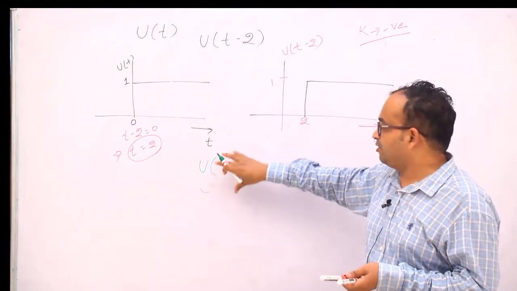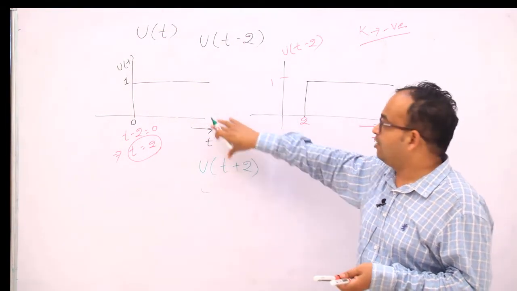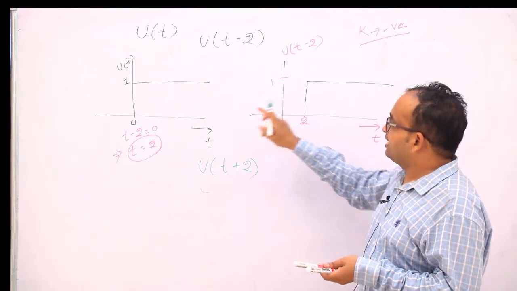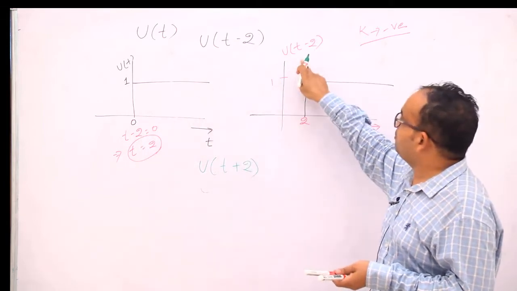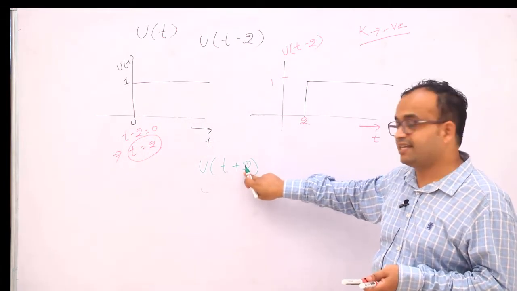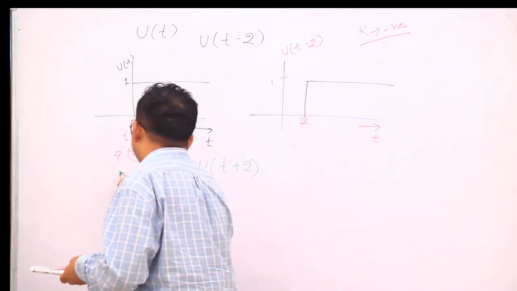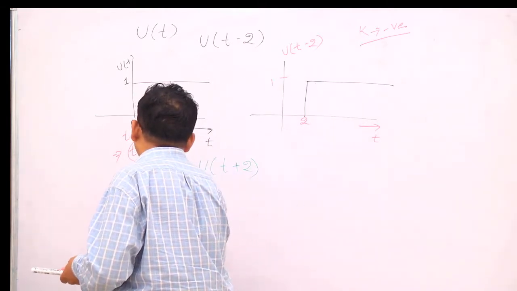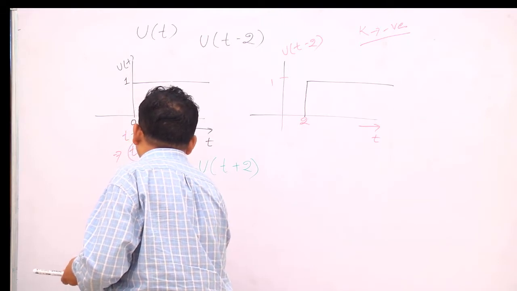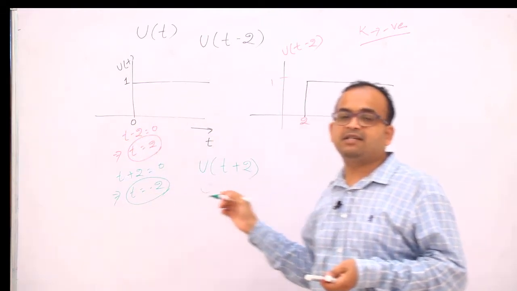So I have to find out the value of u of t plus 2 over u of t. Now what can we do? Previously I took t minus 2 equal to 0 for u of t minus 2. For u of t plus 2, what can we take now? T plus 2 equal to 0. So what is the new t now? The new t is coming now, t equal to minus 2.